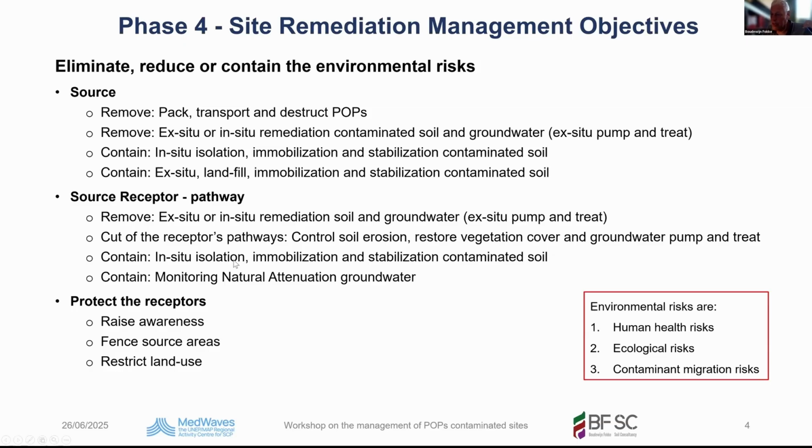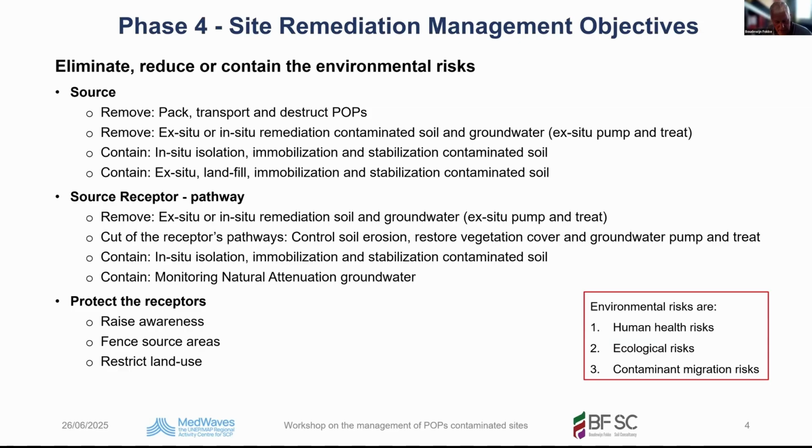But you can also contain the source receptor pathway, isolation, again the same, immobilization, stabilization, and containment can also be done by monitored natural attenuation, meaning that you make use of the natural processes in groundwater and you establish your objectives, but you have to monitor if you're right.